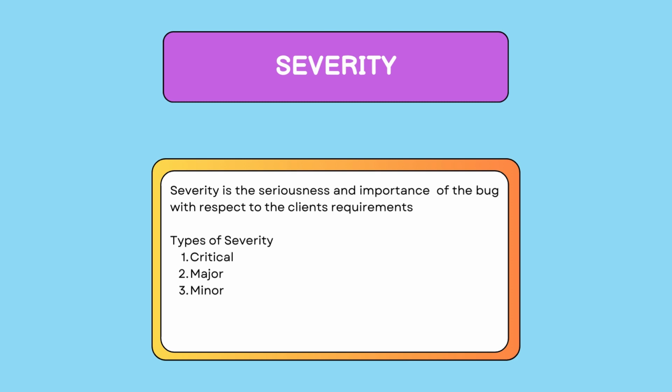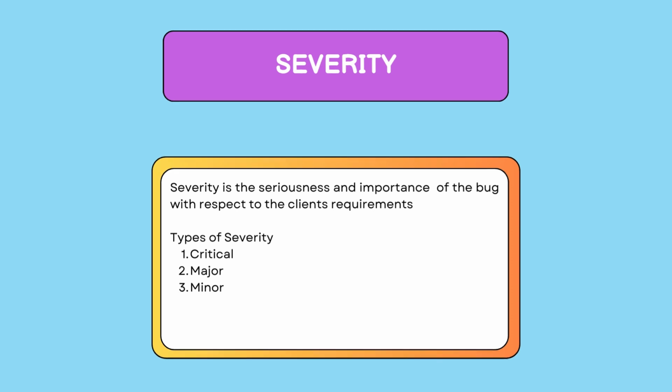It should be fixed, right? And if the feature is working as expected, but there is a minor issue which is not directly affecting your feature but needs to be fixed, then its severity would be low. So it totally depends on the feature and its requirement. So that's all about severity.